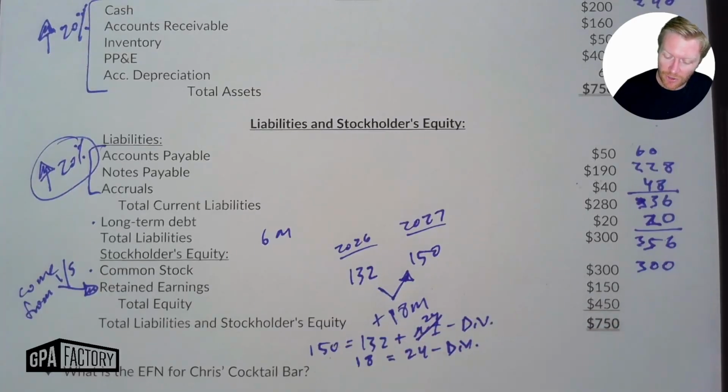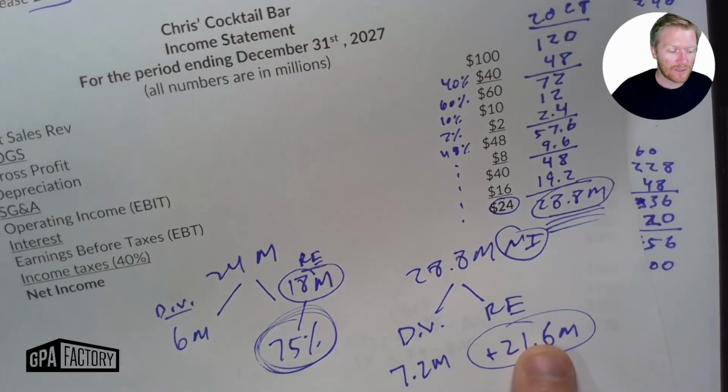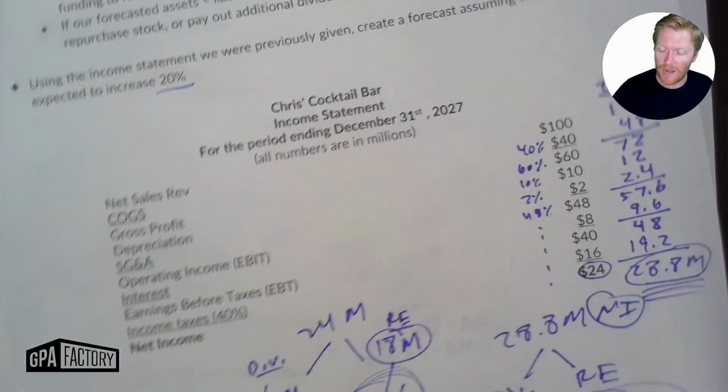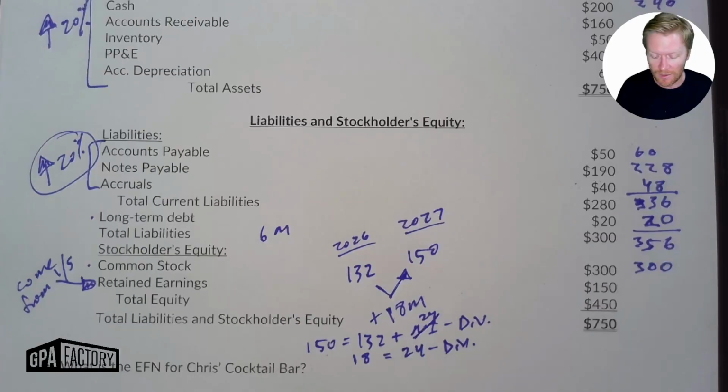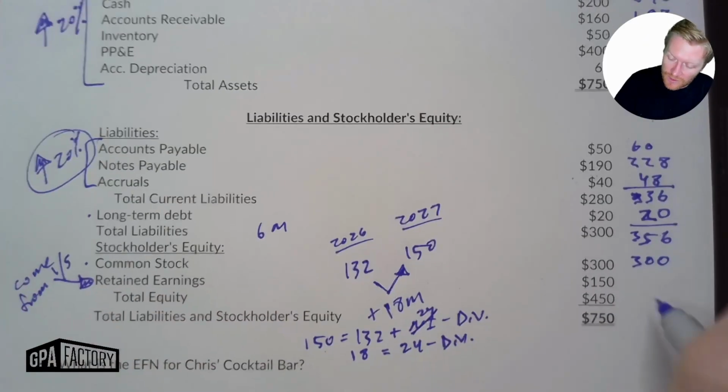But then retained earnings. Remember, we said that we added 21.6 million from our net income. That's the amount that comes from the income statement. That's the whole reason we had to do our income statement, to get down to how much gets added to retained earnings here. So that's 150 plus 21.6, which is 171.6.